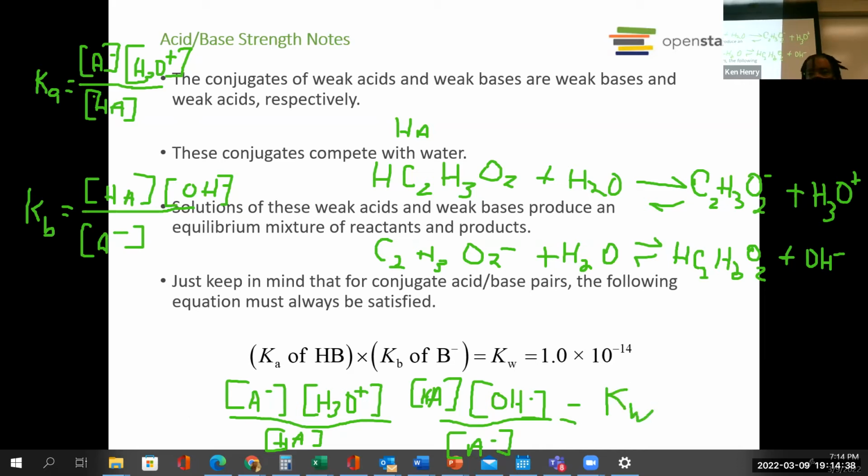Brain's working faster than my hands. Okay, A minus crosses out with A minus, HA crosses out with HA. So then I'm left with just the concentration of the hydronium ion times the concentration of the hydroxide ion equals Kw, which we know is 1.0 times 10 to the minus 14.